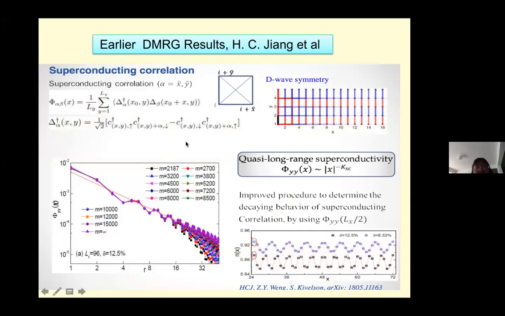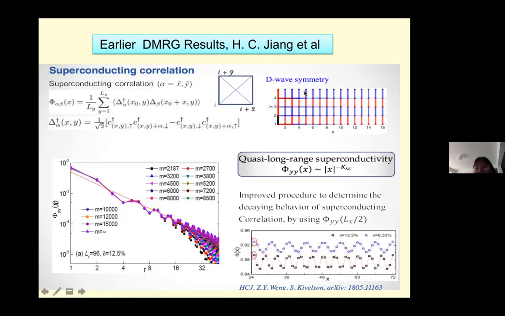Here I show the early DMRG results from Hong-Chen Jiang for the t-J model on the four-leg ladder, which demonstrated there is a power law decay of superconducting correlation, and also the superconducting order parameter has d-wave-like symmetry, in the sense that if you use the superconducting correlation to map out the sign of the pairing order parameter, then all the pairing along the x direction has the same sign, as indicated by the blue line here.